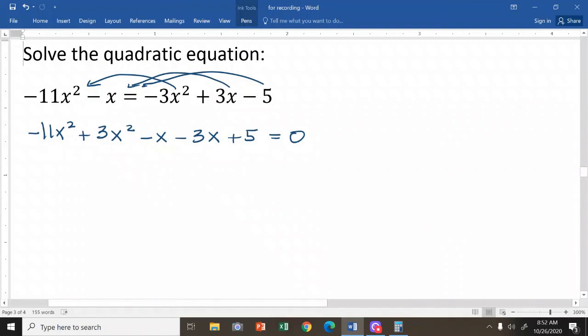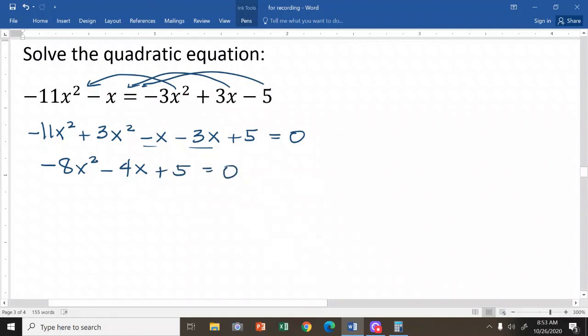Okay, so meron tayong negative 11x squared plus 3x squared. So this is equal to negative 8x squared. Then itong negative x plus negative 3x magiging negative 4x. Then, meron tayong positive 5. So, this is equal to 0.